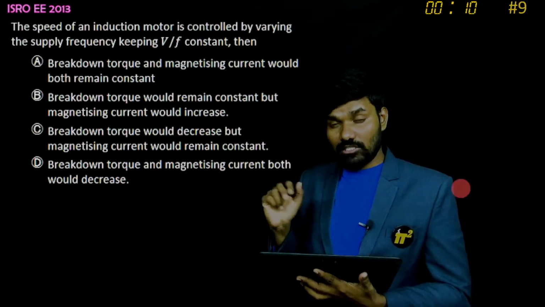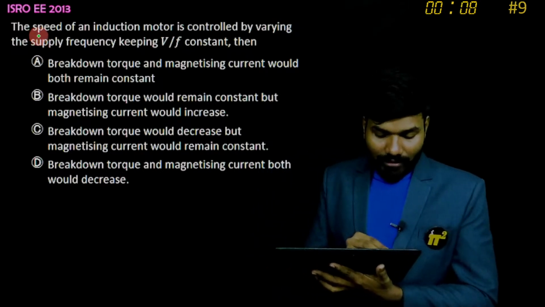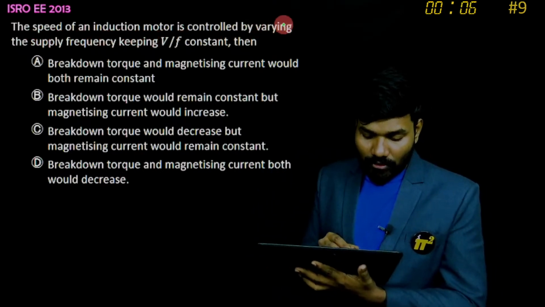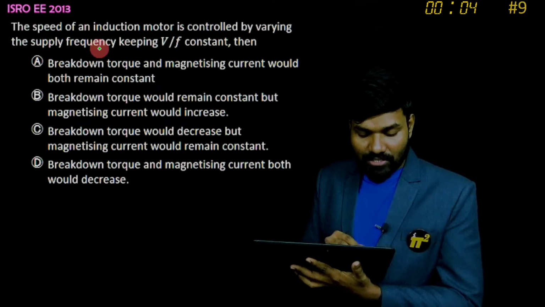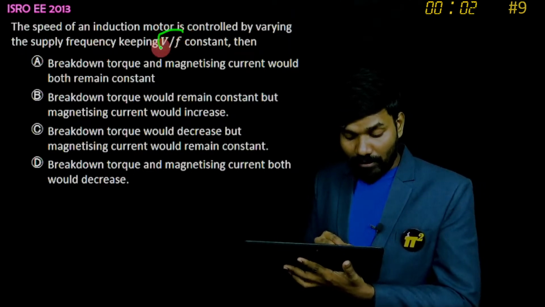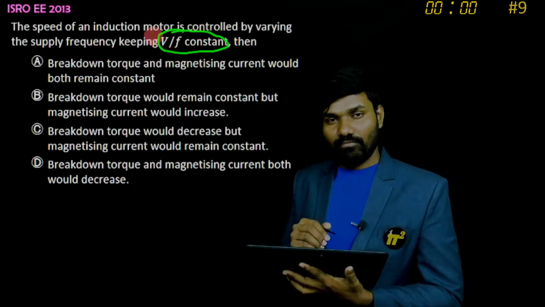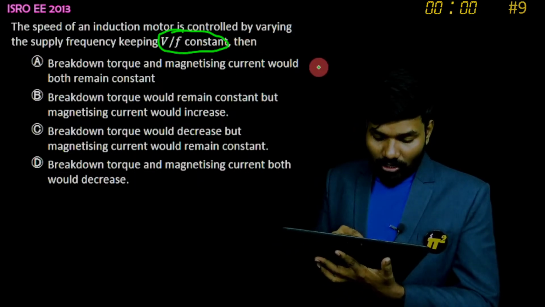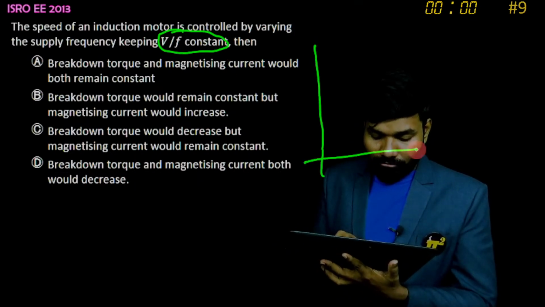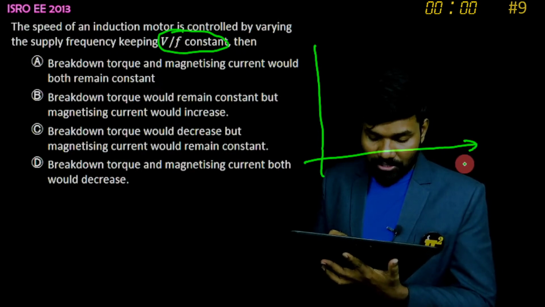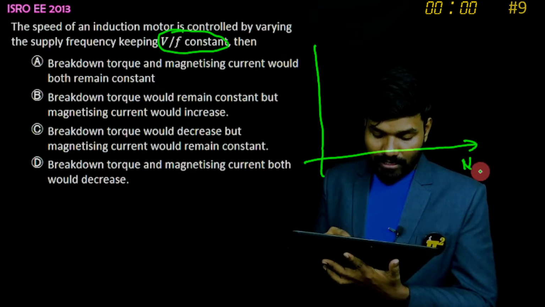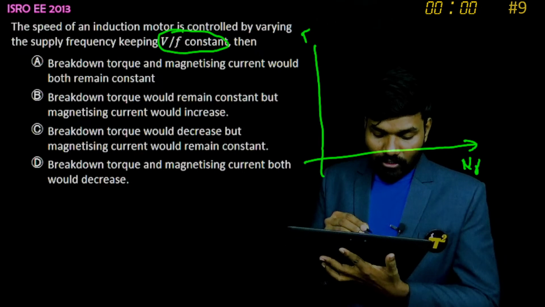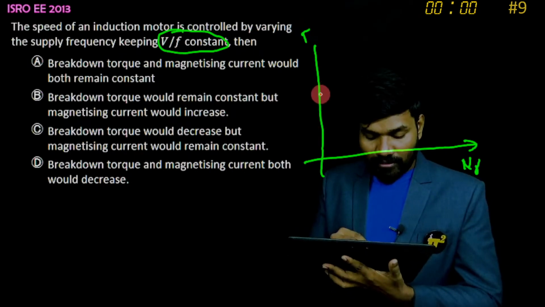It is said the speed of an induction motor is controlled by varying the supply frequency, but V by F is constant. That's what I just said. Then see, torque slip characteristics when V by F is constant. Okay, this is speed and this is torque. Can you help me in drawing it?